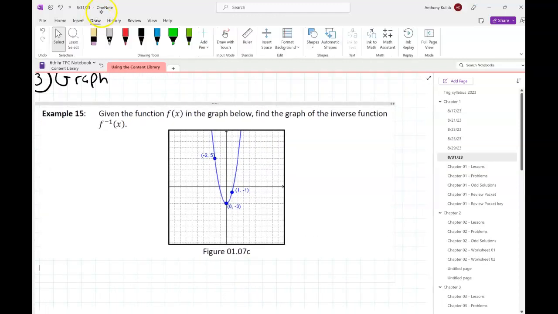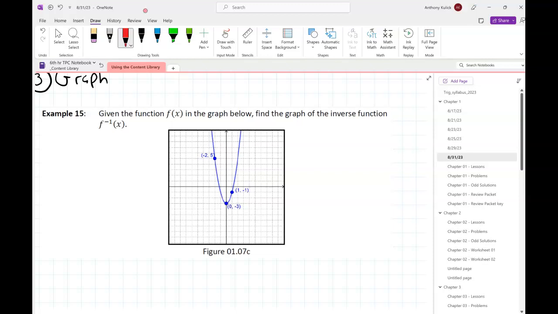So this graph is the function f of x, and we want to find f inverse from looking at the graph. How would I do that? Great, I'm going to use the points. We'll swap the x and y's, and we'll plot those.